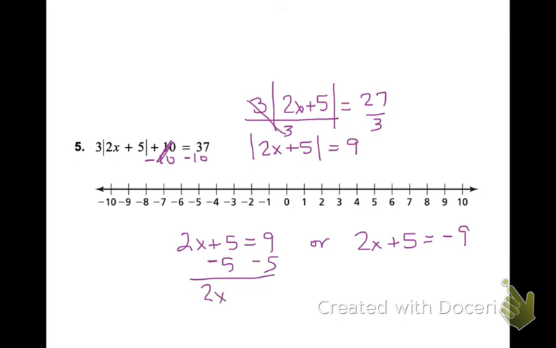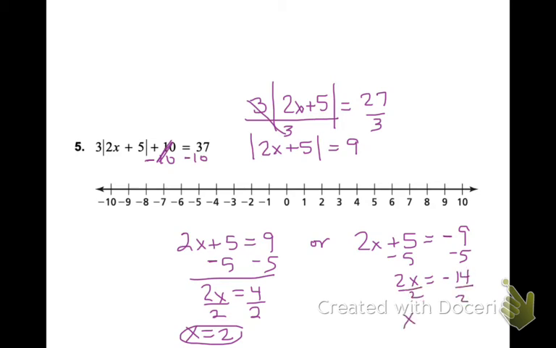So we get 2x is equal to 4, divide by 2, and we have x is equal to 2. Subtract 5 on both sides. 2x is equal to a negative 14, divide by 2, or x is equal to a negative 7. So we can graph those.